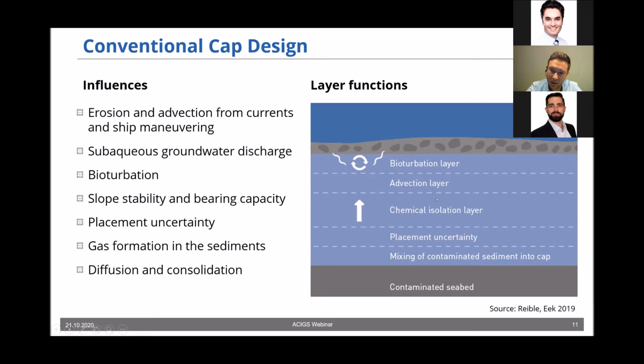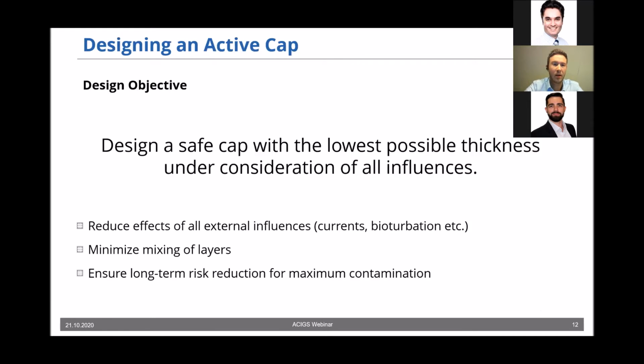And then in the end, for the chemical isolation, we only have something like a rest thickness that has to be ensured. So in the end, when we design an active cap, or also any cap, the design objective is to design a safe cap with the lowest possible thickness under consideration of all influences.